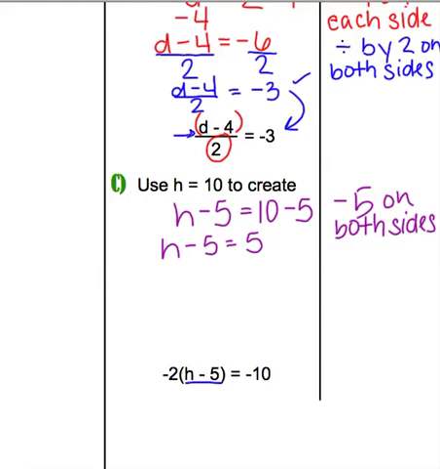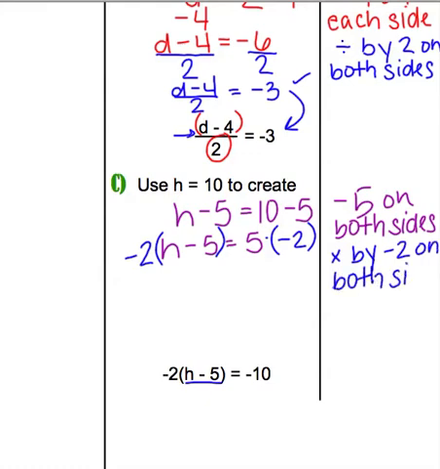So to make it look like our original expression, I'm going to throw in my parentheses, and I'm going to multiply by -2, and right over here, multiply by -2, once again, on both sides. And when I simplify, I cannot do anything over here, so I leave -2 times the quantity h minus 5 equal to -10, which is exactly what I have when I look down here.